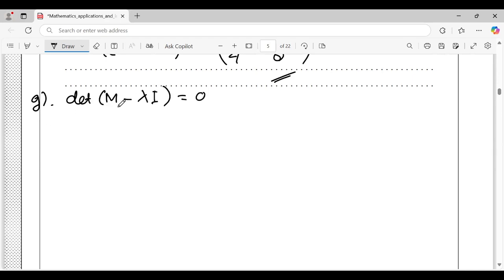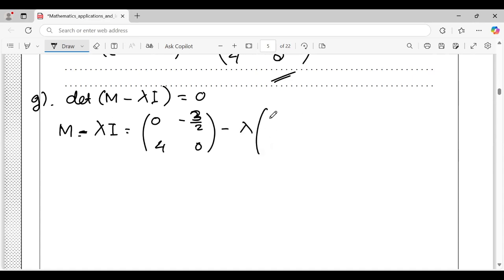Firstly, we need to find M minus lambda I. M is (0, minus 3/2; 4, 0) minus lambda times the identity matrix (1, 0; 0, 1).